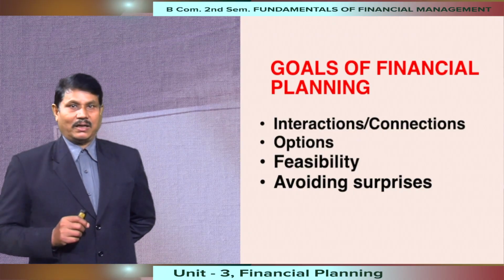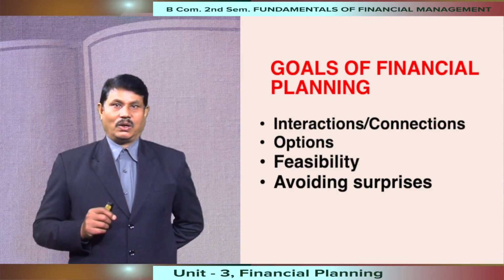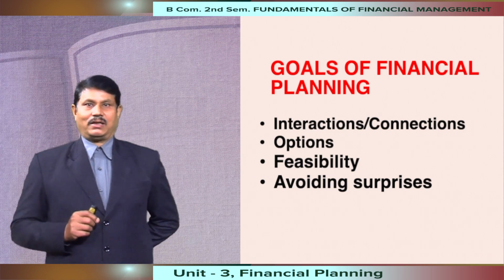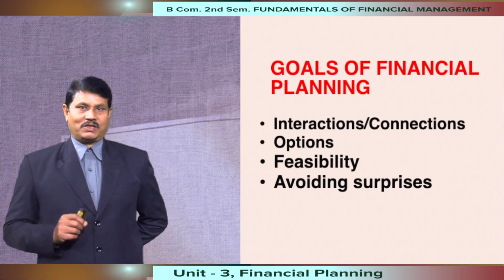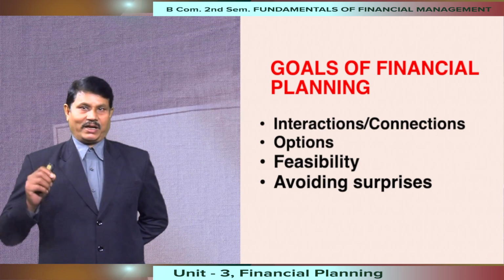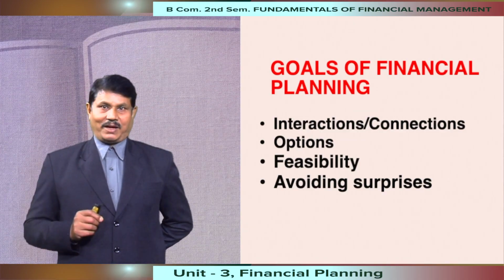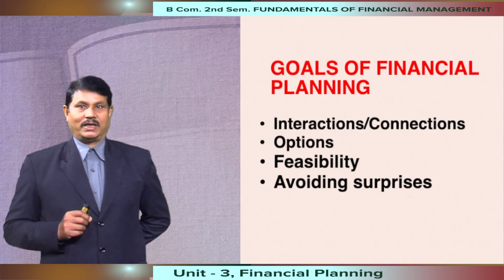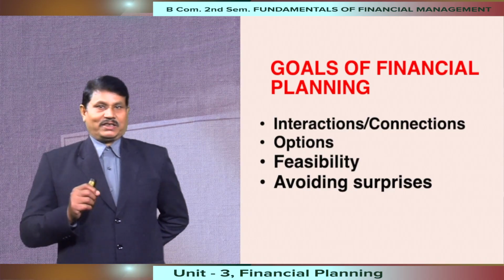Number one is the interactions or connections. Financial plans must make the linkage between investment proposals for the different operating activities of the firm and the financing choice available to the firms explicit. The next one is options.